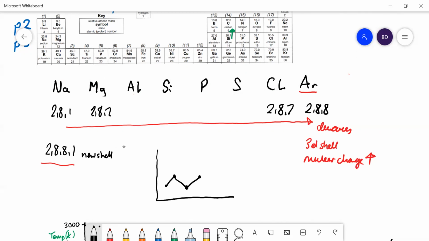It goes up for silicon, up for phosphorus, goes down for sulfur because you're getting the pair repulsion effect, up for chlorine, up again for argon. Before you go to potassium, it will drop right down again. Anyway, I won't talk about first ionization energy because that's covered in other videos and it's really on a separate topic. So we'll leave that there.